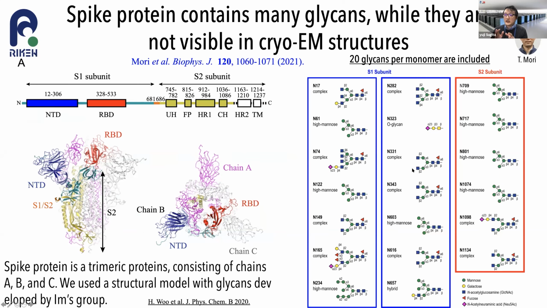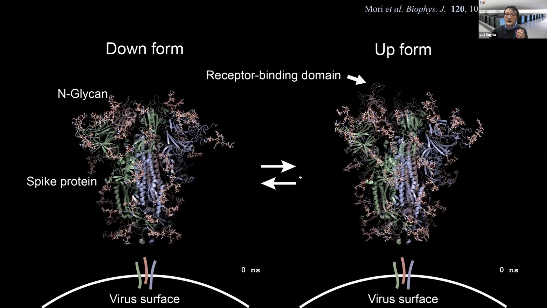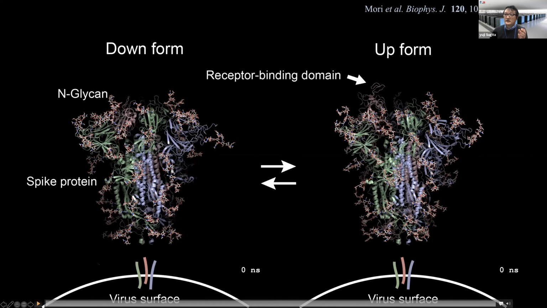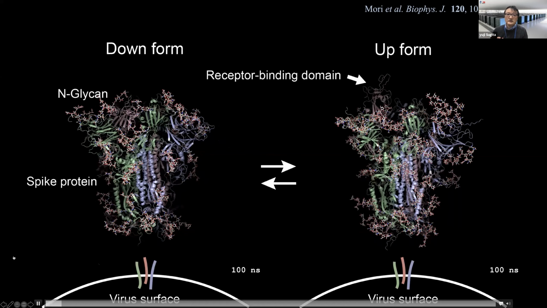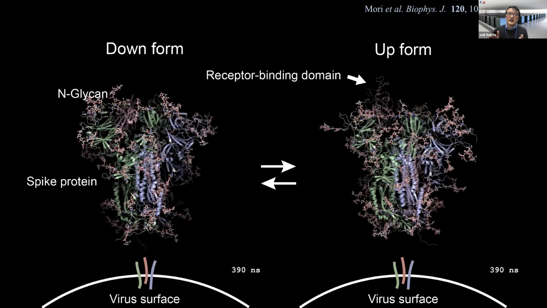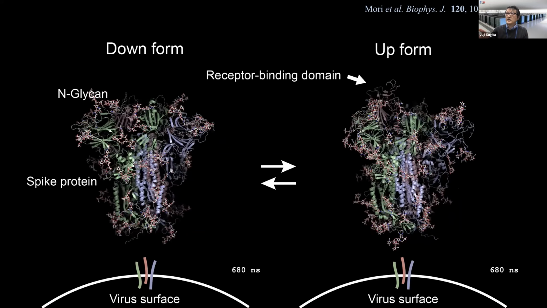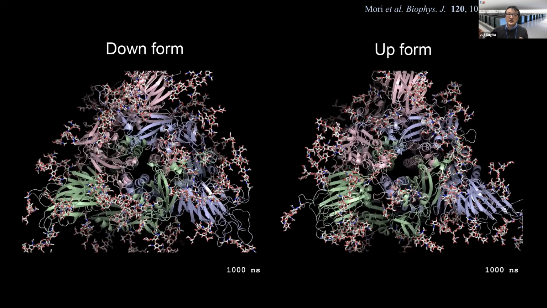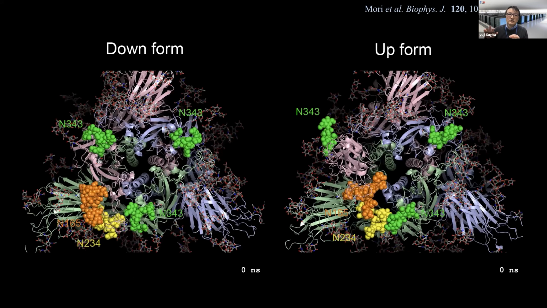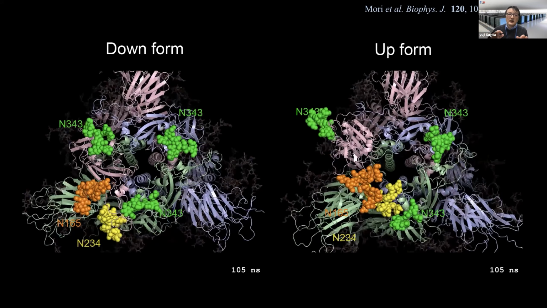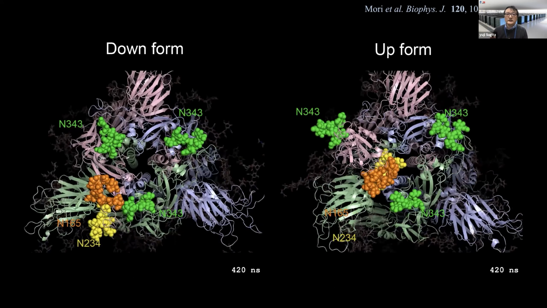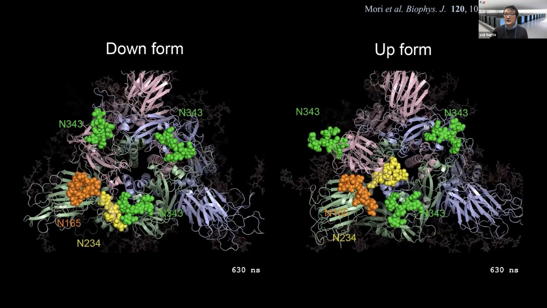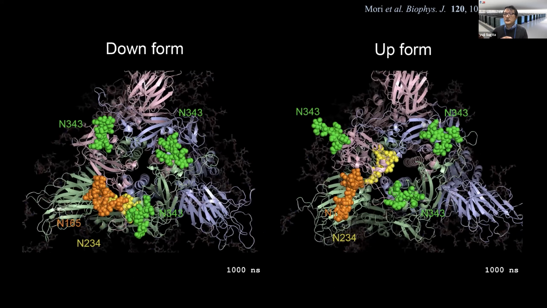So we tried to simulate this protein with glycans and surrounding water. The result is simply summarized in these movies. We performed simulations of the spike protein from the down cryo-EM structure and also the up structure. We added flexible glycans and tried to see which glycans are important to stabilize each structure.